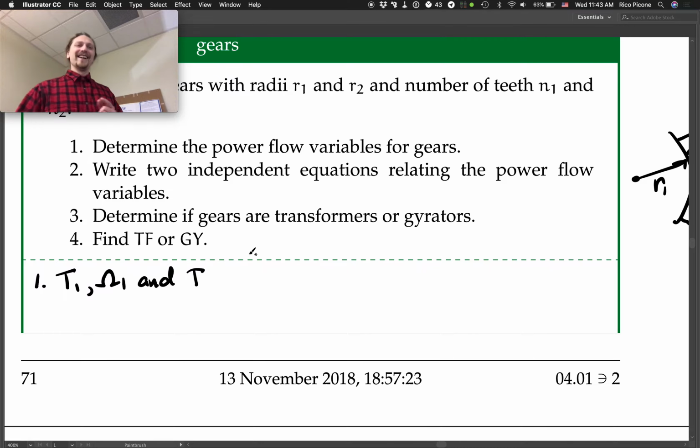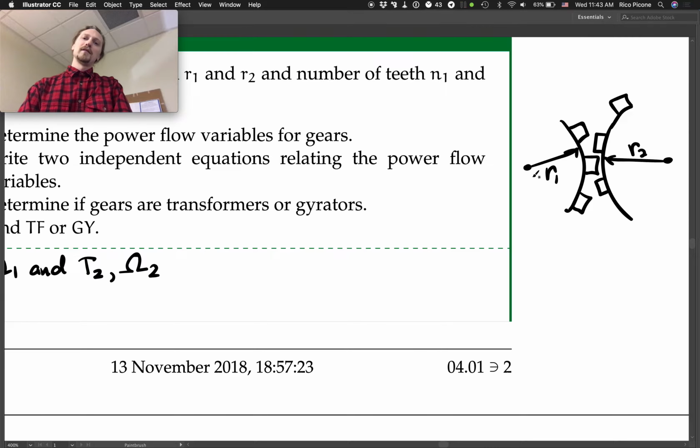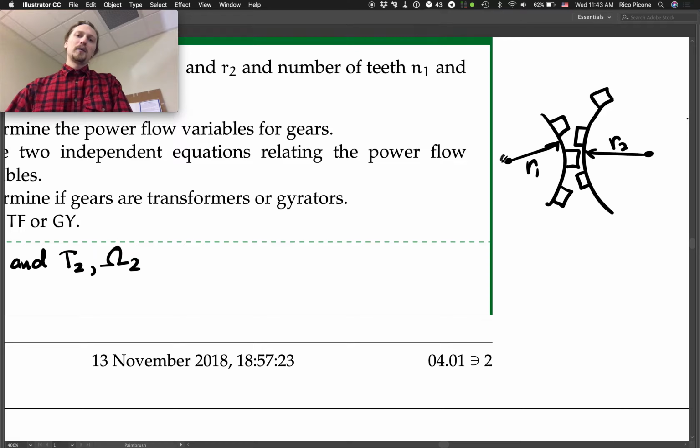So okay. And then we've got to have a torque and an angular velocity on the other side, right? So those are the power flow variables for rotational mechanical system for the two sides, for the rotational side on gear 1 and then on gear 2. So they're presumably rotating on a shaft, right?